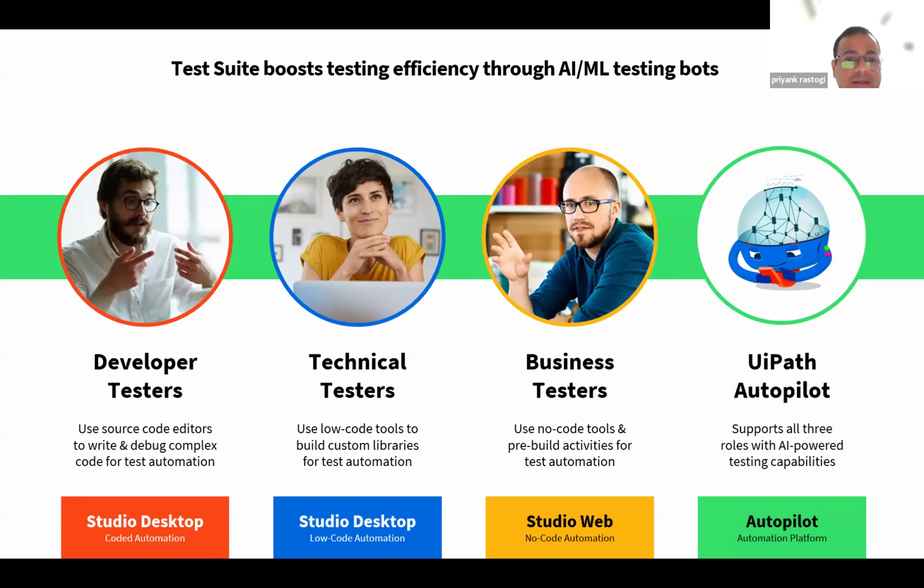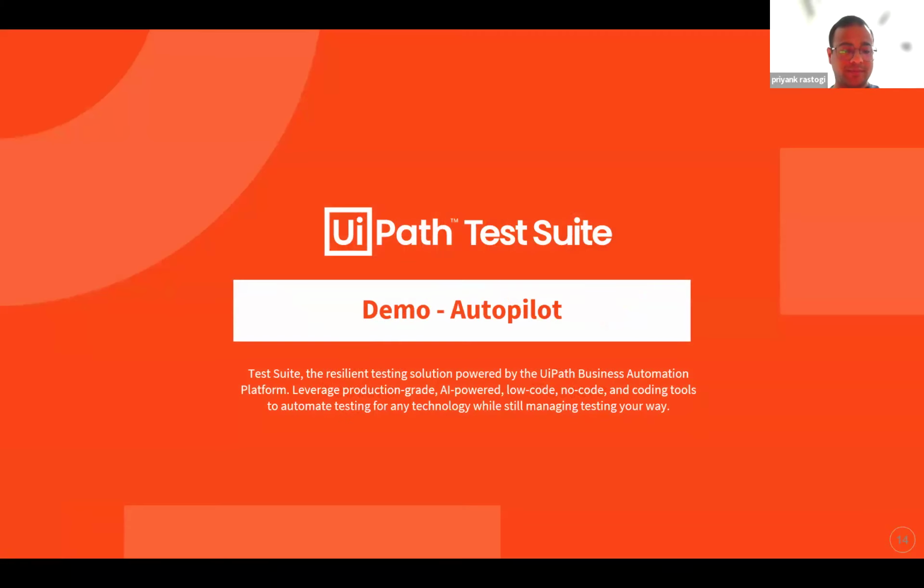Then technical testers, same, we can create the custom libraries, and those can be again reused for our coded automations. I will call it object repository for that. And the simple test cases will also be created using AI-powered features. Okay, we move further. Now I'll show a demo on it.